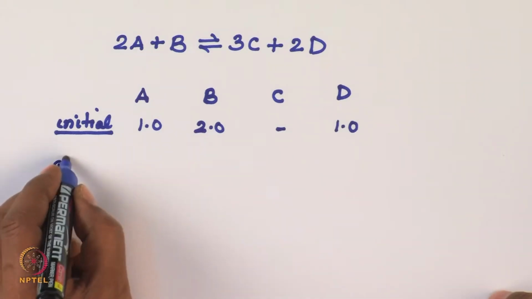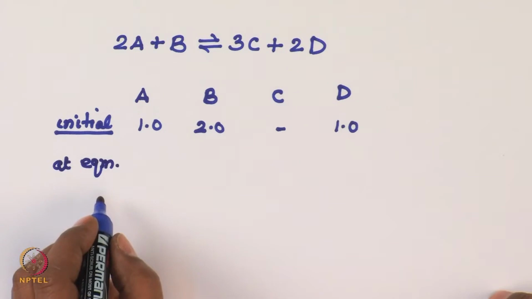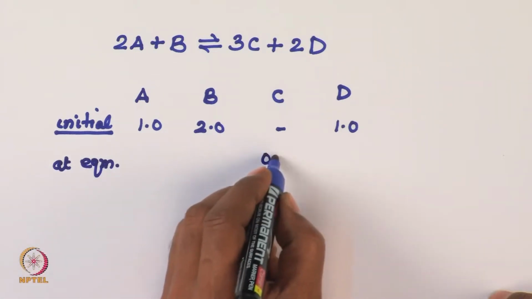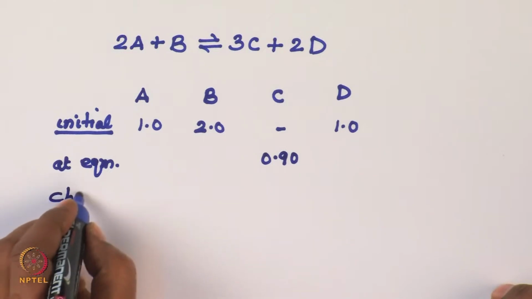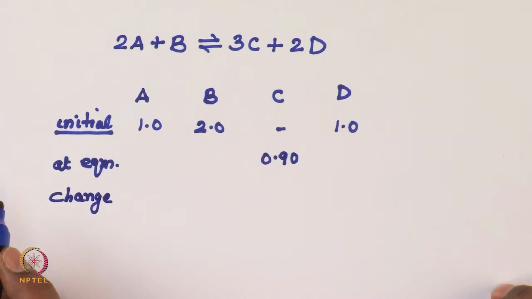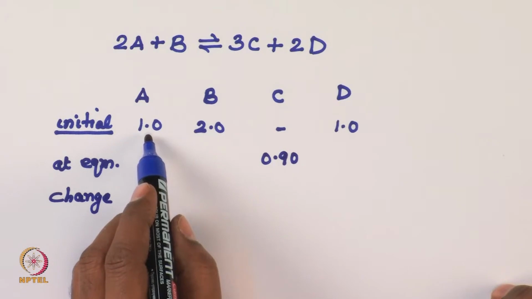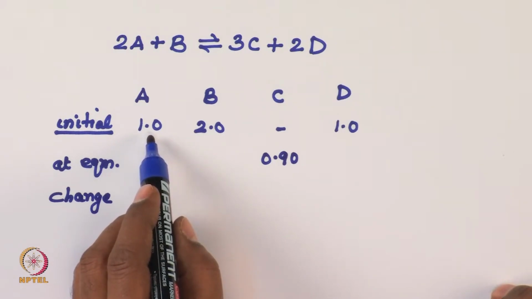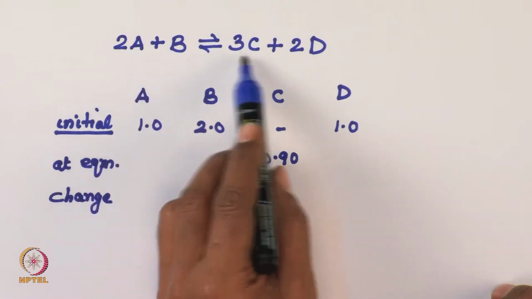So, if I write at equilibrium, 0.9 moles of C were formed. What is the change if I calculate change? How much will be the change for A? If you look at here, 2A forms 3C.